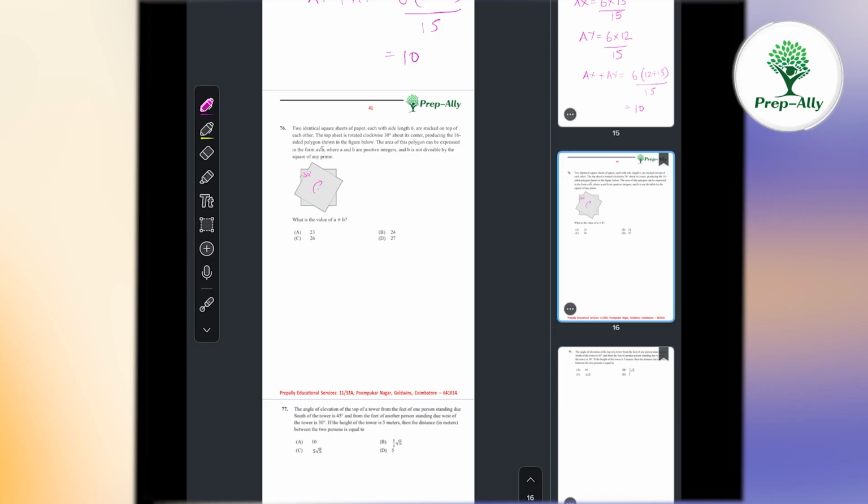So let's take this length as x and this length as y, right?